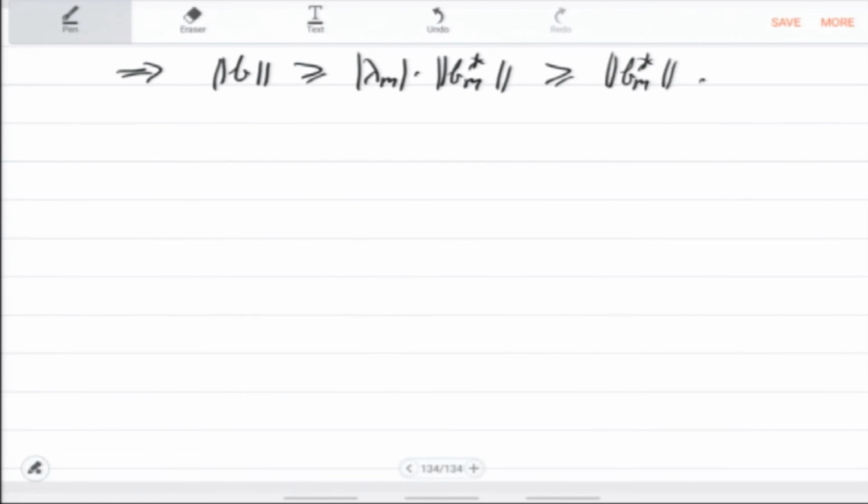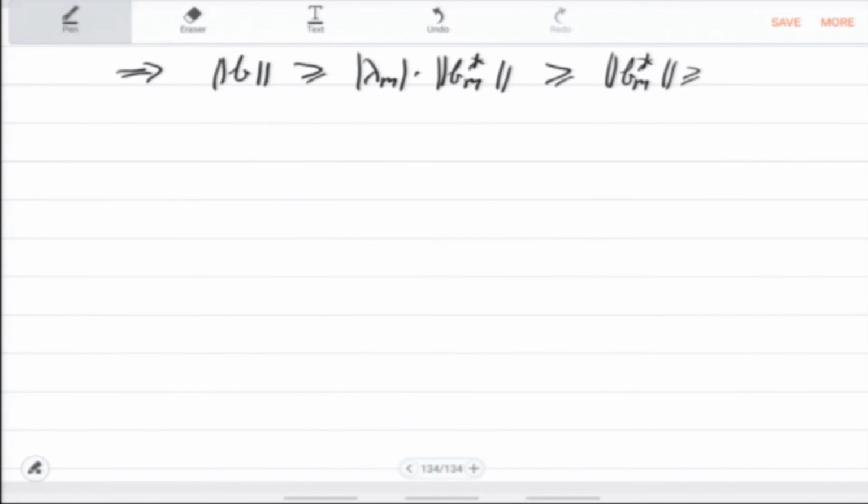Okay, so which means that we have shown the norm of B is at least lambda m times Bm star, which is at least Bm star. So, we have shown that the length of B is at least as much as this Bm star, which contributes as a component to B. Okay, which means that the min property is satisfied.